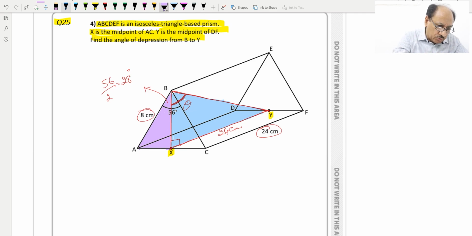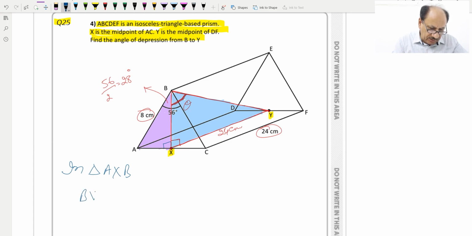Which triangle? Angle of ABX. So in triangle ABX, where B is not ABX, AXB. AXB, where X is a right angle. So this one is a right angle, so we can apply trigonometry. We need BX.